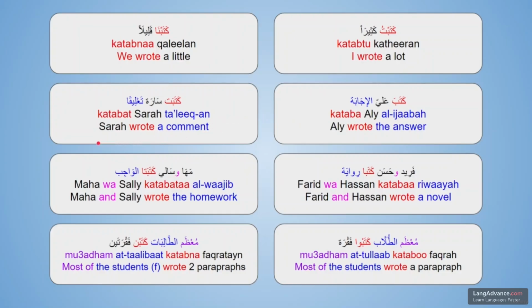And then something like Sarah wrote a comment, كتبت سارة تعليقا. And then something like Farid and Hassan wrote a novel, فريد وحسن كتبا رواية. And then something like Maha and Sally wrote the homework, مها وسالي كتبتا الواجب.